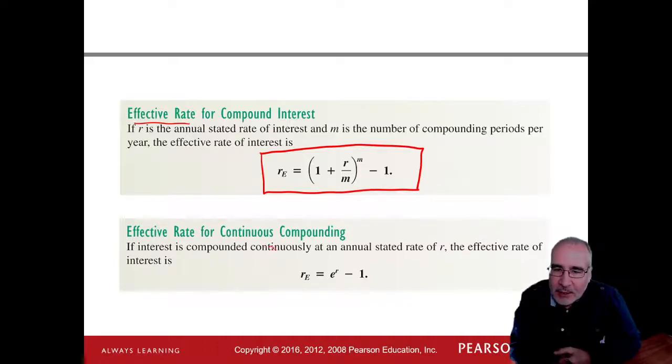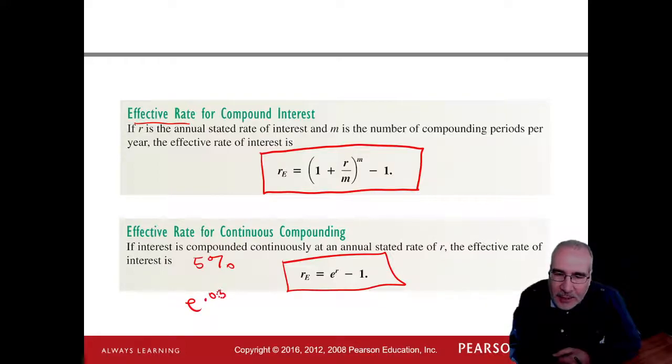Same thing with continuous. If you've got a 5% continuous, you use this. Let's just see that. If I do a 5% continuous, I do e to the 0.05 minus 1. You're going to see it's a little bit higher than 5%.